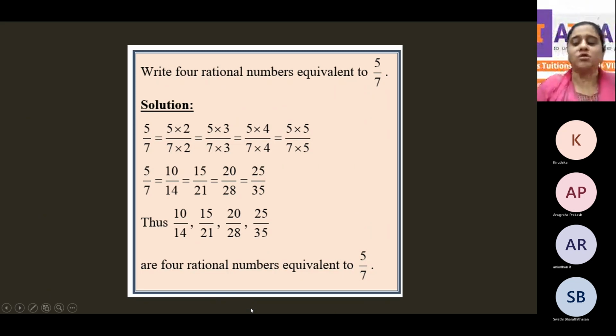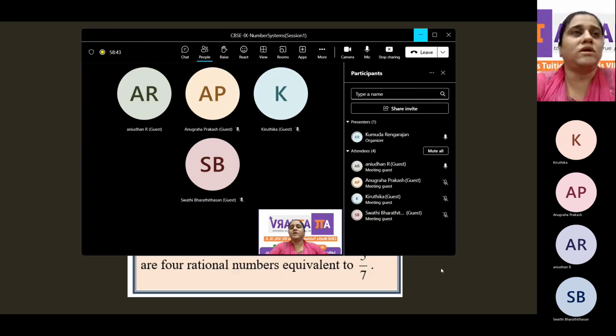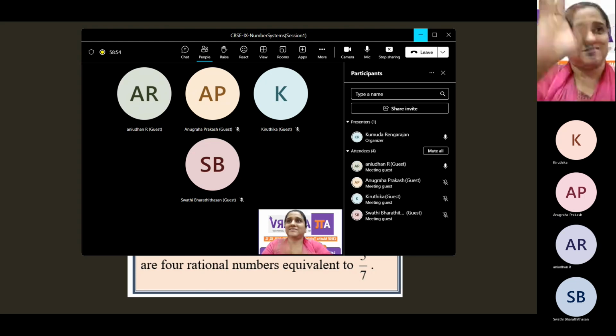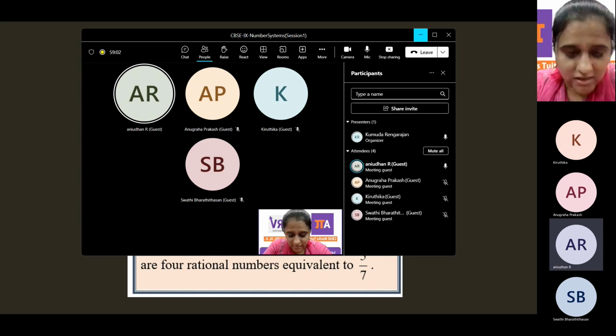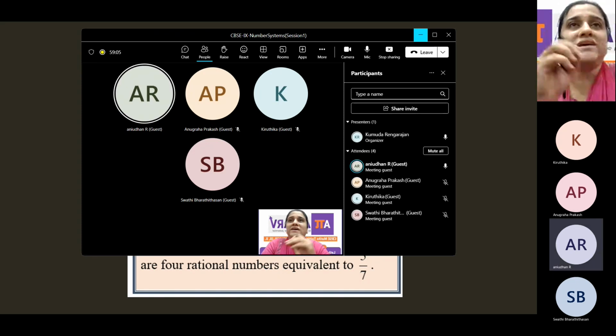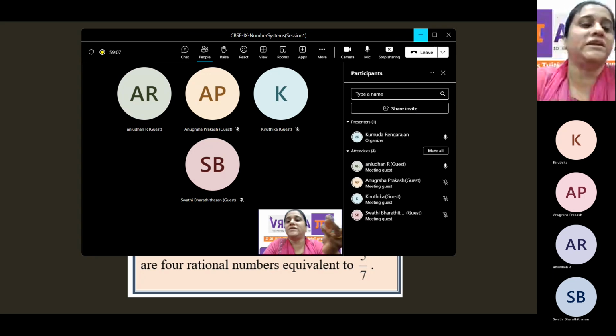Yes, now, Anirudh, true or false? Every rational number is an integer. No, ma'am. Give an example to justify your answer. Like you must say, this is a rational number, but it is not an integer.